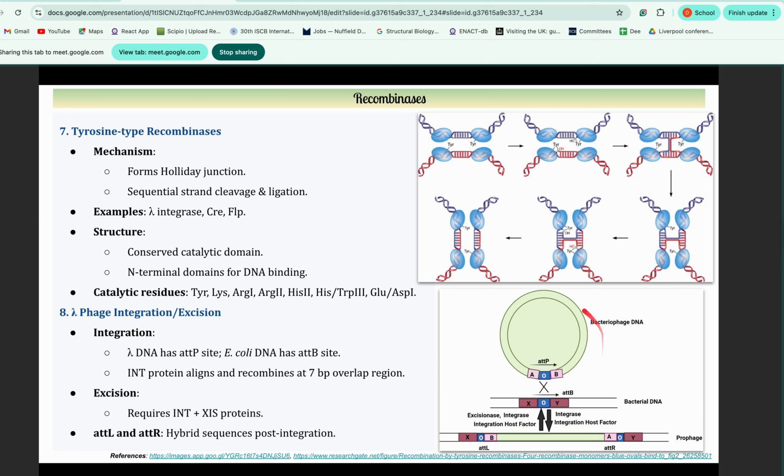One DNA which was incorporated was circular and the other one was linear, and there is a need for the attachment site which is required for this integration to take place. So this is the site which is aligned, and now the entire stretch is added here. Its left side is called attL and right side is called attR, and attL and attR are only called so after the hybrid sequence has been obtained.